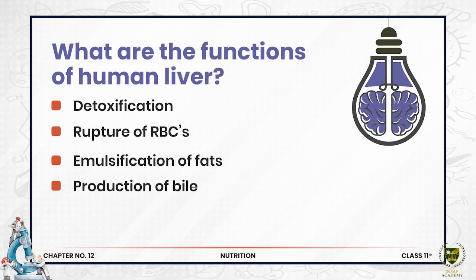Question number 2, what are the functions of human liver? So liver acts as central metabolic station. Liver acts as a central clearinghouse. It produces bile, which is involved in emulsification. Liver converts toxic substances like ammonia into less toxic substance like urea through urea cycle.